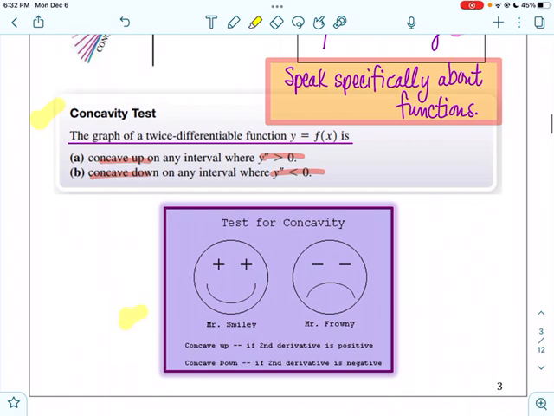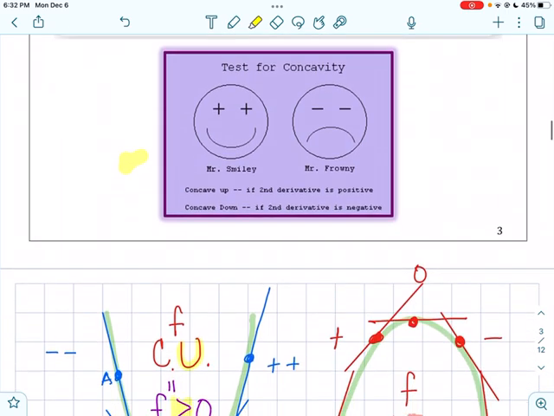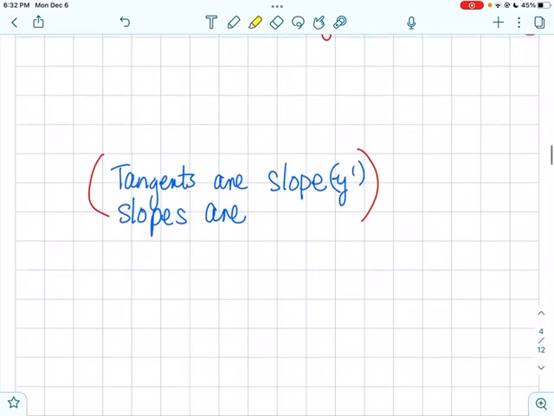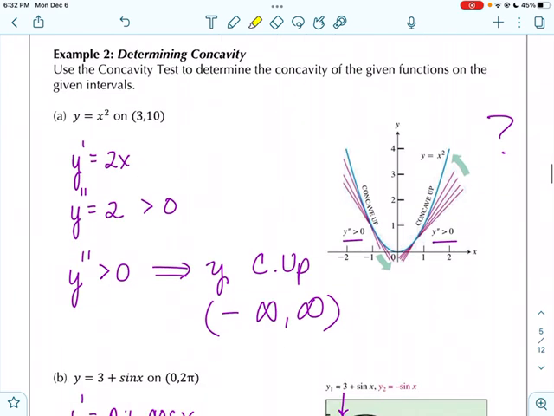So again, with Mr. Smiley and Mr. Frowny, concave up, concave down. And then we did the concavity test with our example, y is equal to x squared. So we took the derivative, and we got y prime, our first derivative, is equal to 2x, and then y double prime is equal to 2, and we said that was greater than 0.